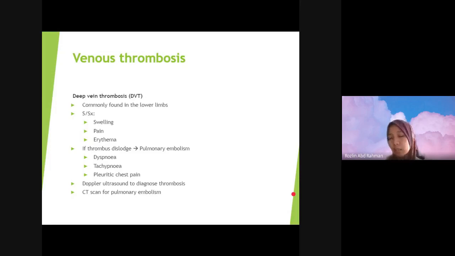This is a medical emergency because it can cause sudden dyspnea, sudden shortness of breath, and sudden sharp stabbing chest pain. The patient can collapse because of the respiratory distress.